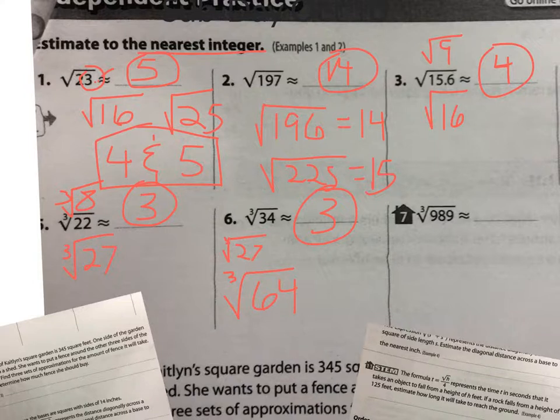Next one, getting bigger. I'm remembering the cube root of 1,000 was 10. So this is going to be very close to that. That was the cube root of 9, but definitely going to be close to 10.